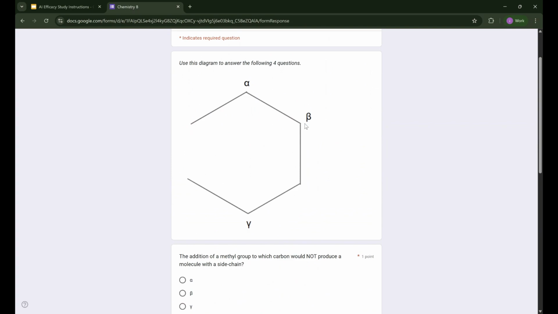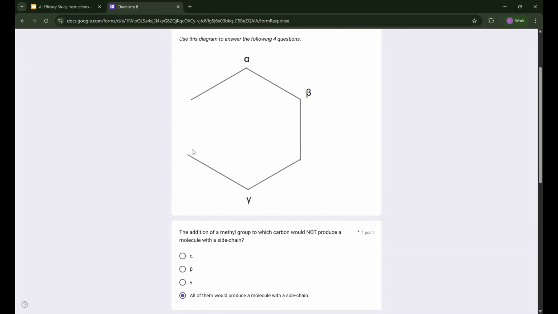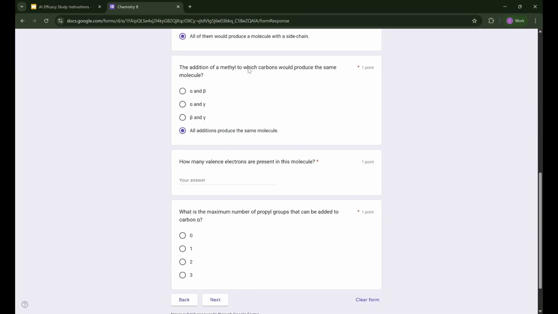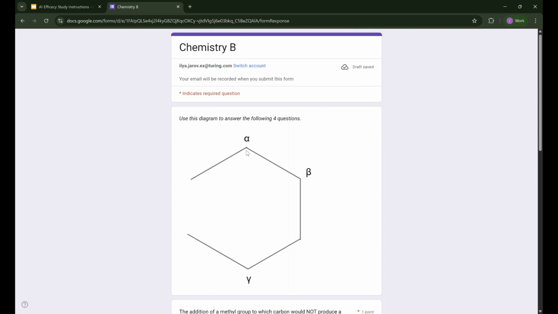1, 2, 3, 4, 5, 6. So 1, 2. Assuming there are hydrogens, this would be 6, 12. So it would be 2, 4. No. 2 hydrogens. So there's 8.